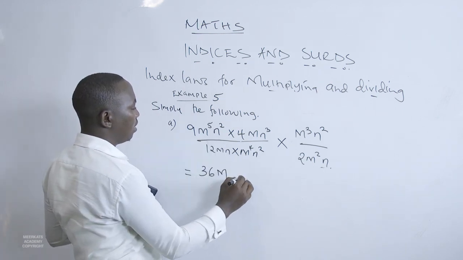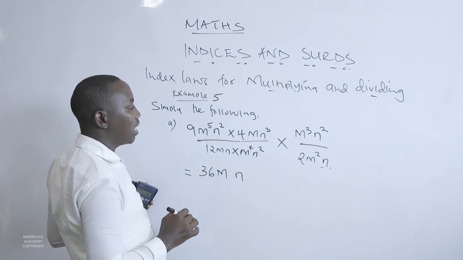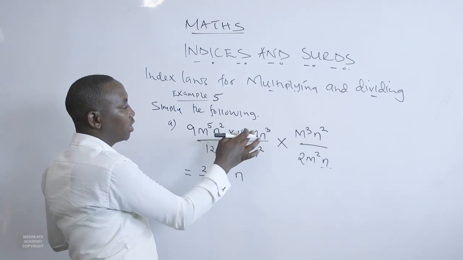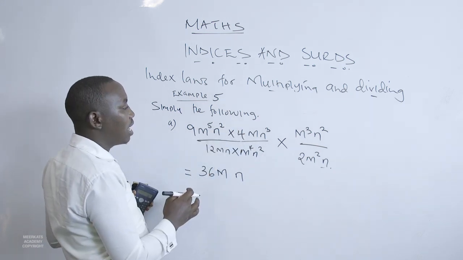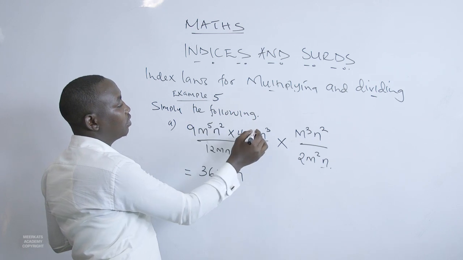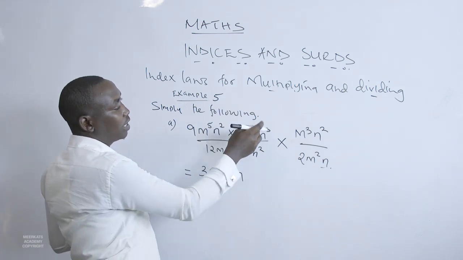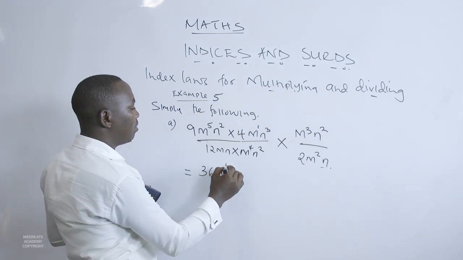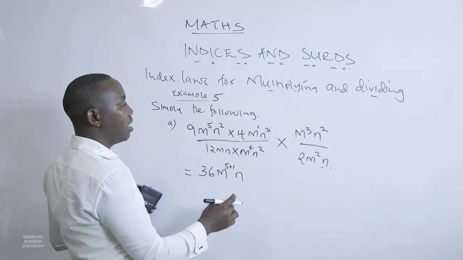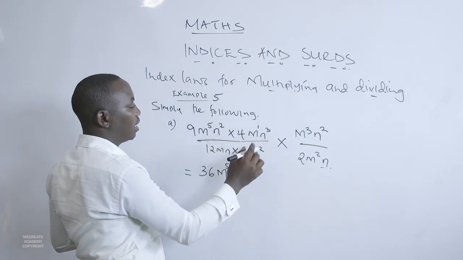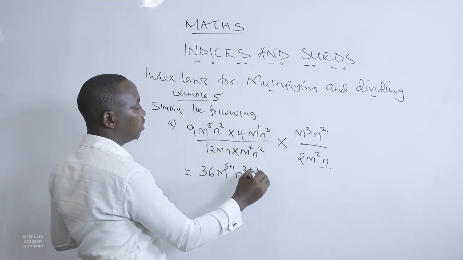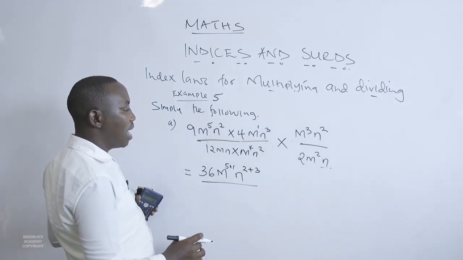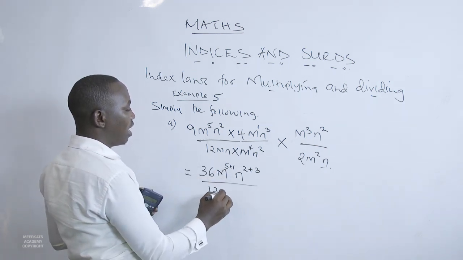Then the factors here are m and n, which are under multiplication. That means we are going to add these particular powers of m and n. When there's no power, that means it is raised to power 1. So this shall be 5 plus 1. Then for n, we have 2 and 3, that means we add the powers 2 and 3. Divided by, this is 12.